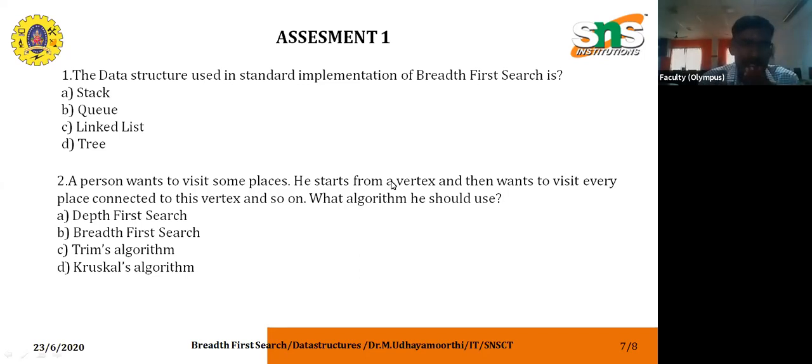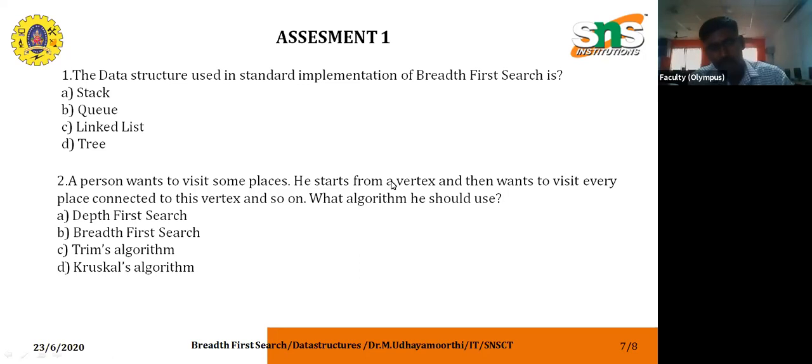Based on the statement, we have four options here, and for this question you have two answers. What are the right answers? The question supports both option A and B. It generally supports the concept of both depth first search and breadth first search.